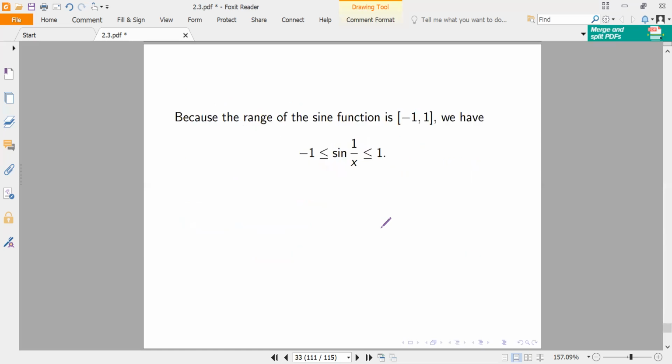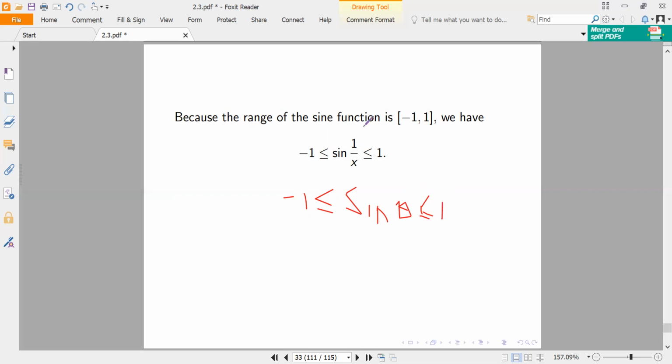We all know that the function sine theta is between -1 and 1.